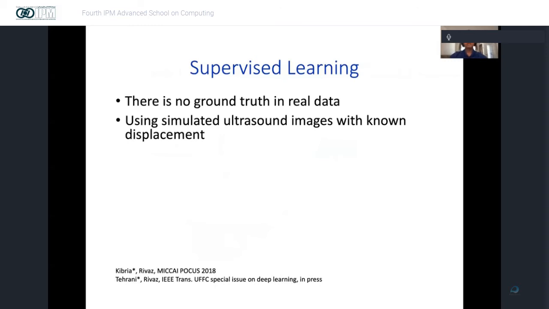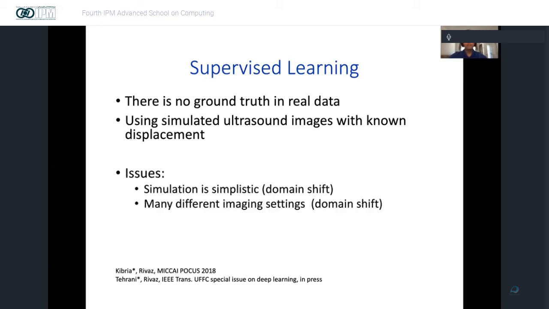Now, one issue is that when we use these computer vision optical flow networks, they use vision data, which is statistically very different compared to ultrasound data. So what we do is that we simulate ultrasound images with known displacements, and then we fine-tune these models using our simulated ultrasound images with displacement.